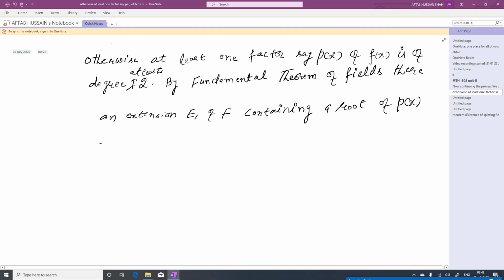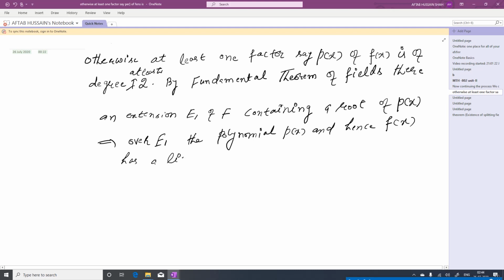This implies that over E1 the polynomial p(x), and hence f(x), because any root of p(x) is also a root of f(x), has a linear factor x minus alpha.